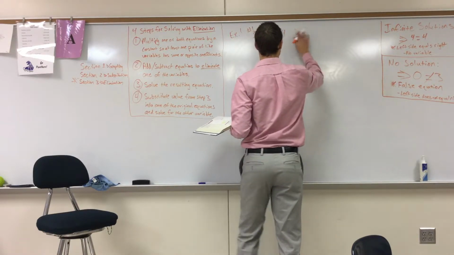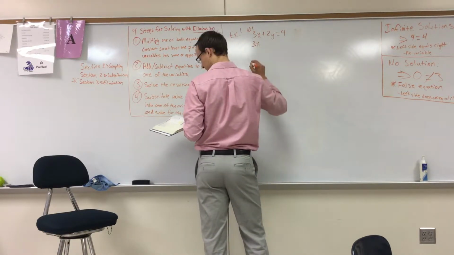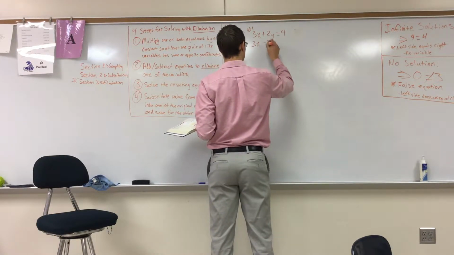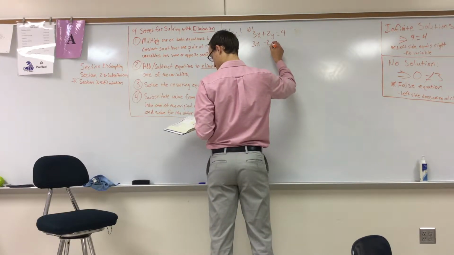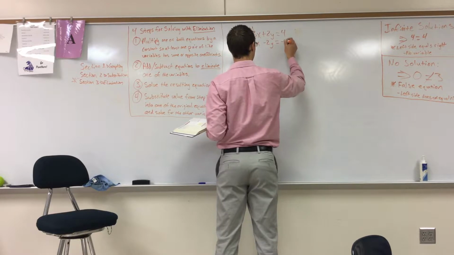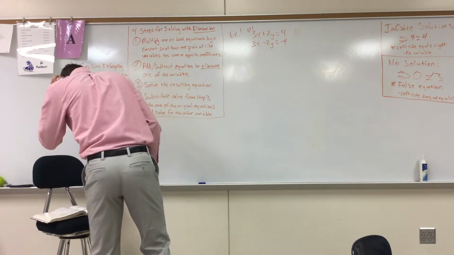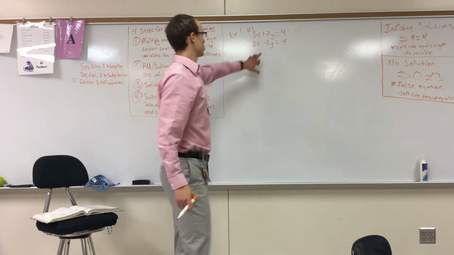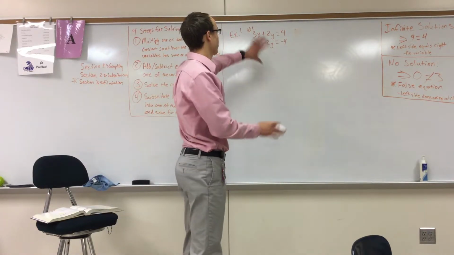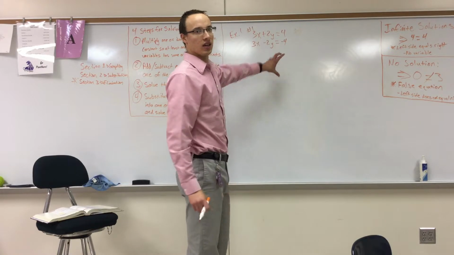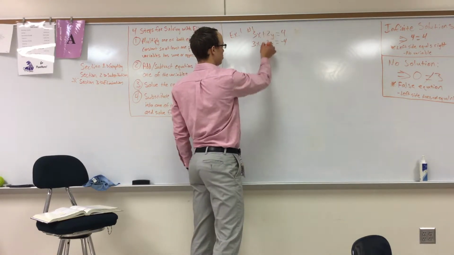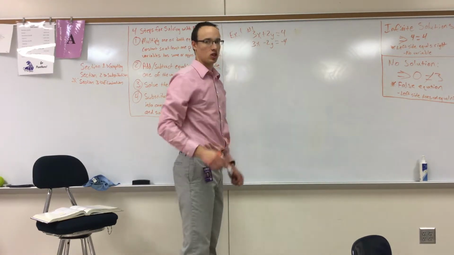Actually, I'm going to line these up, that'll be better. And then I have 3x minus 2y equals -4. Okay, so the coefficients of the y terms are opposites, so we don't even have to try to change the signs or anything, because this is what we're looking for.